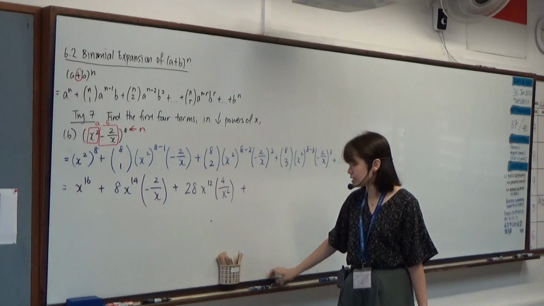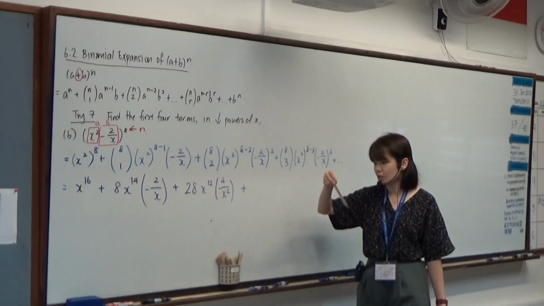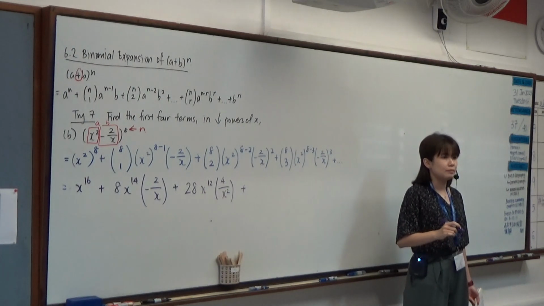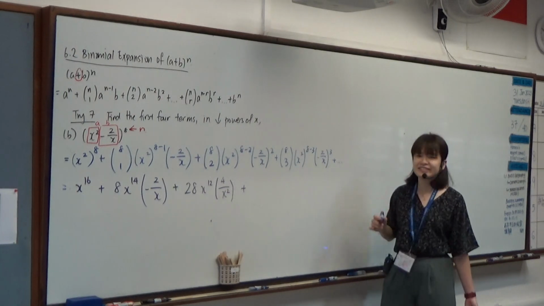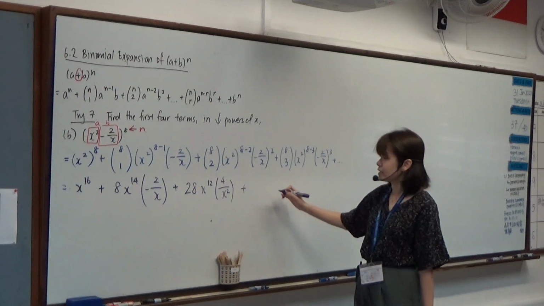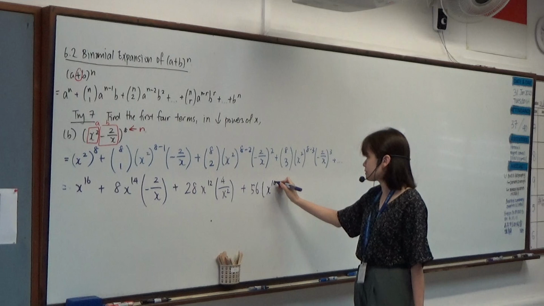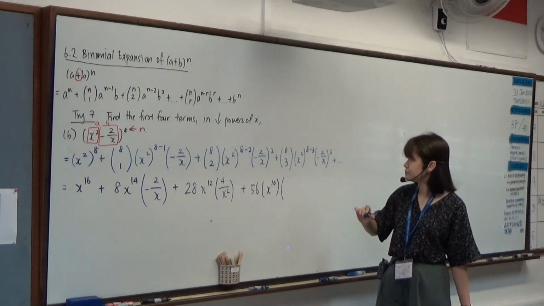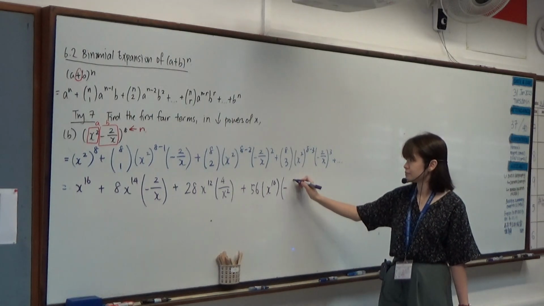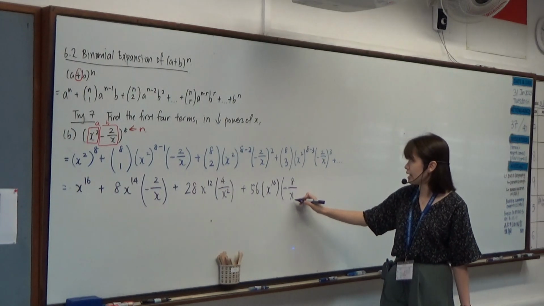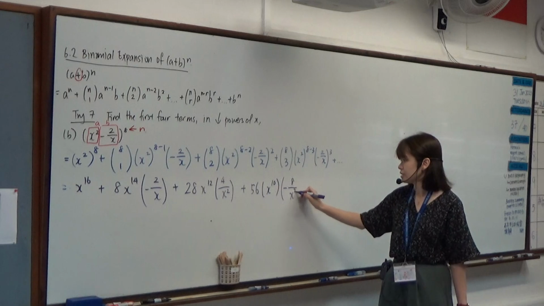And then the last one. 8 choose 3 is 56. X to the power of 10. Negative 8 over x to the power of 3.